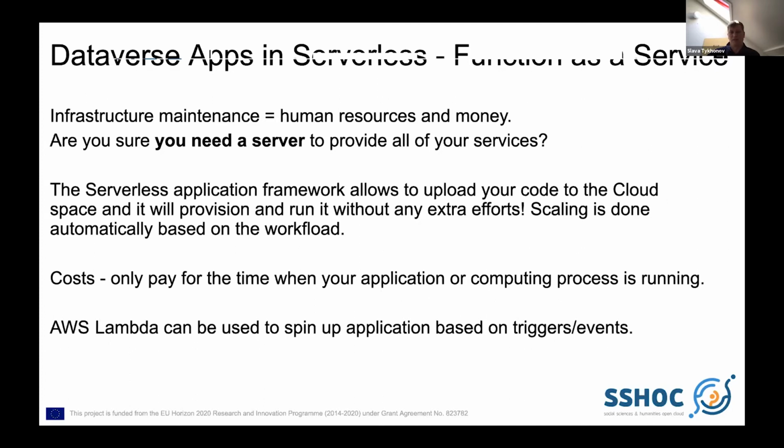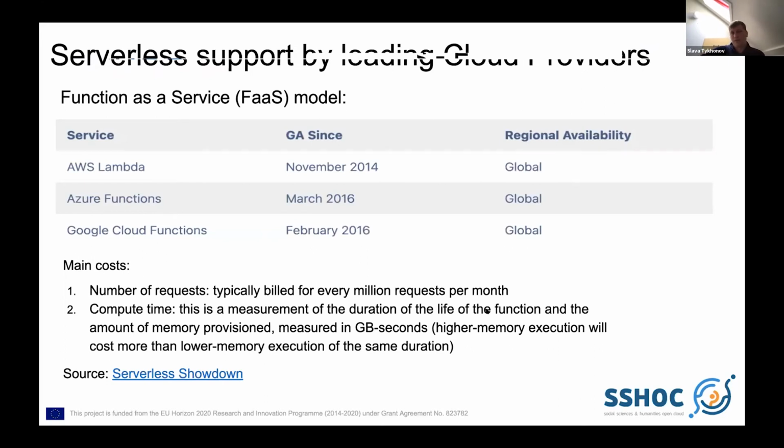I believe for AWS Lambda, it's like 1 million requests for free, and after that you should pay probably $40 per month, something like that. Serverless is already supported by major cloud services like AWS Lambda, Azure Functions, and Google Cloud Functions. And like I already said, it's the cheapest way to deploy something at the moment.